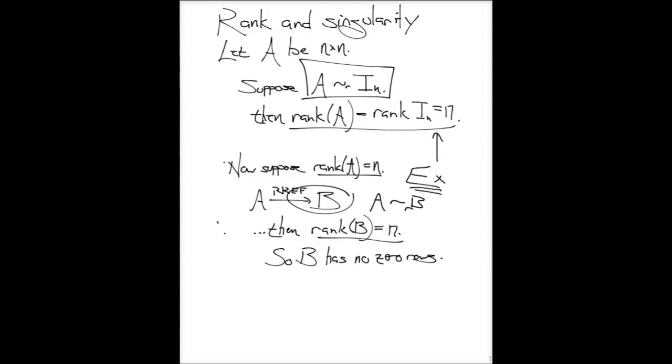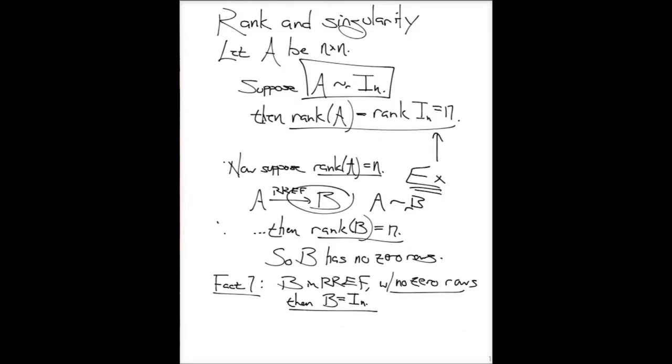And now we go back and invoke, I think it was fact number 7 in the first video in this unit in our review. That fact was, if B is a matrix in reduced row echelon form with no 0 rows, then B must be the identity matrix.